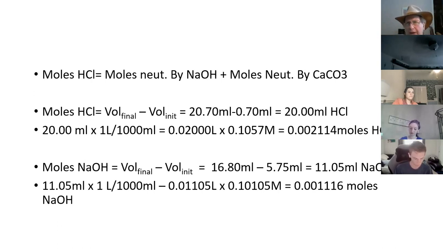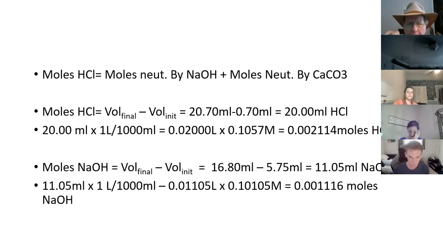I take my initial volume, subtract it from my final volume. That will give me my volume of acid. I multiply that by 1 liter over 1,000. This gives me 0.02 liters times my acid concentration. This gives me a total moles of HCl of 0.002114.